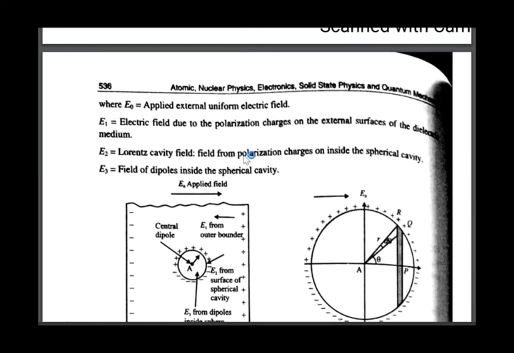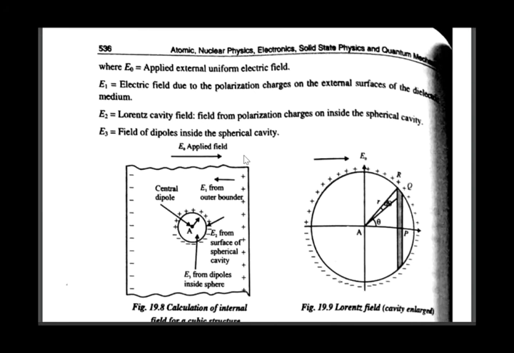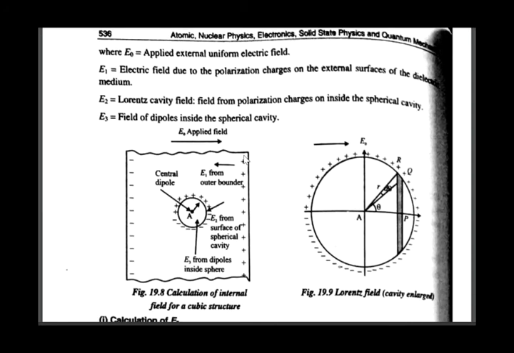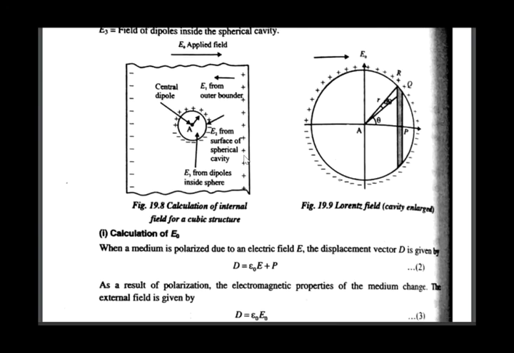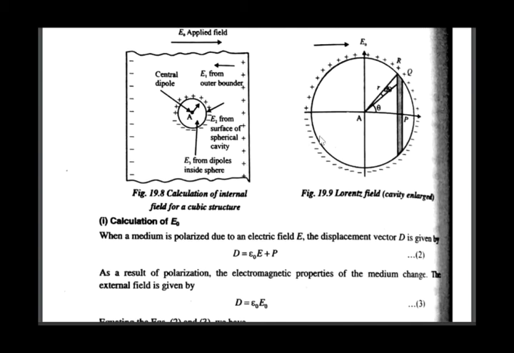And E2 is the Lorentz cavity field, which is the field from polarization charges inside the spherical cavity. E3 is the field of dipoles inside the spherical cavity. E3 will be 0 because the electric field inside a charged spherical cavity will be 0. That is by Gauss law.